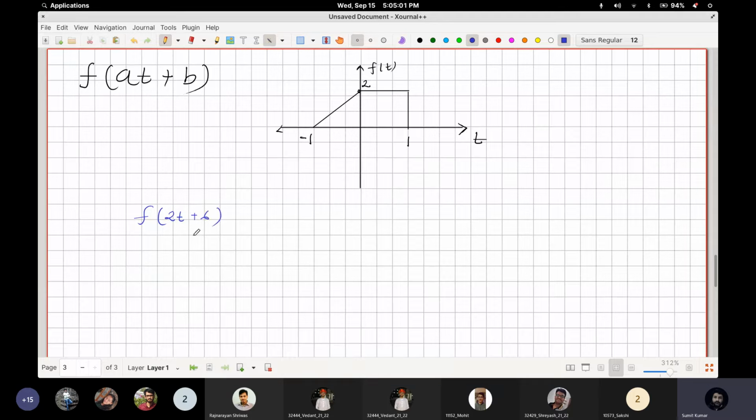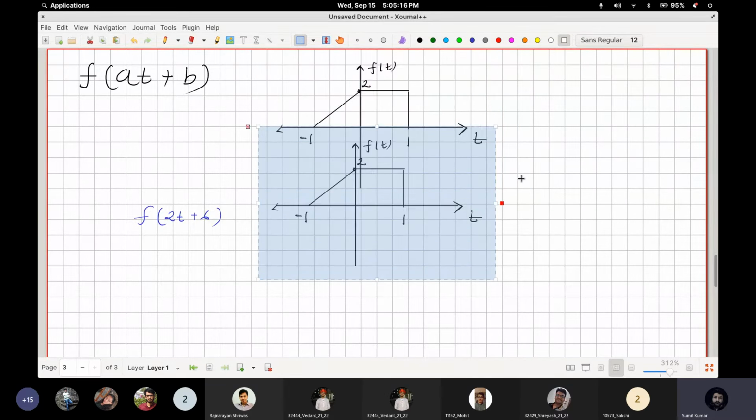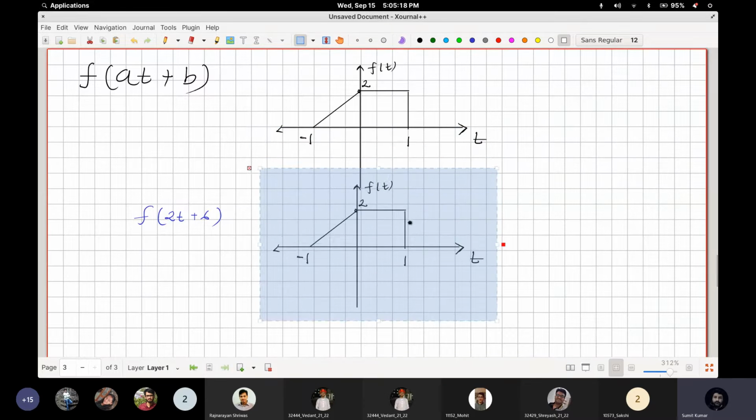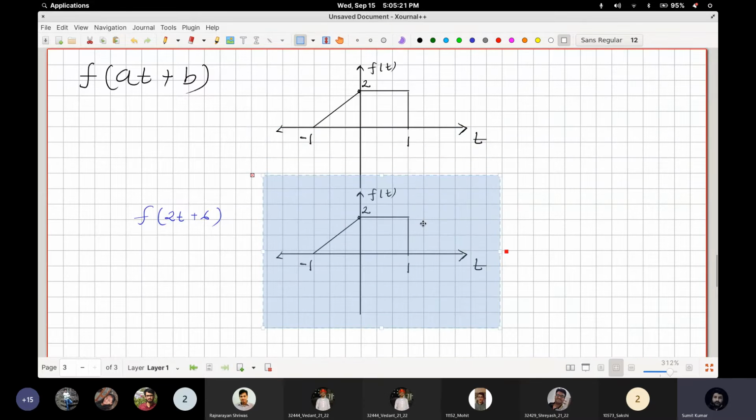Let me just do this. We want to do this, so the simplest way of doing this is, let me just copy this figure here, and I will be pasting this. Control C, Control V. Let me make this in a different color.